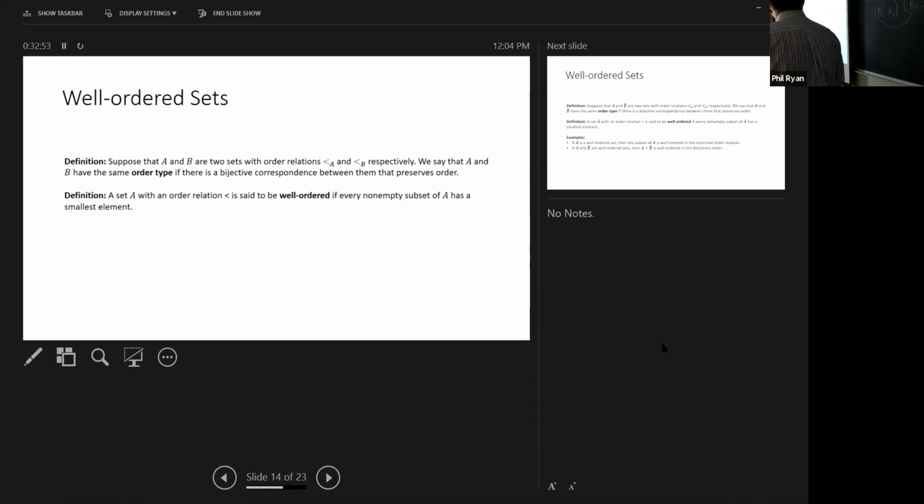So a set is well ordered if every non-empty subset of A has a smallest element. Was this talked about in foundations? Okay.